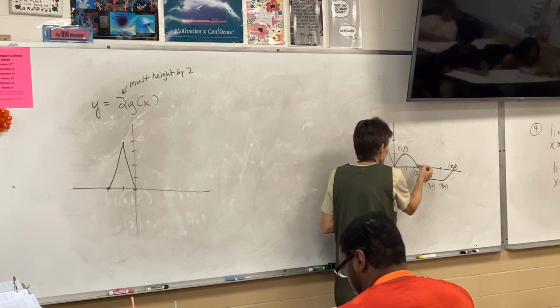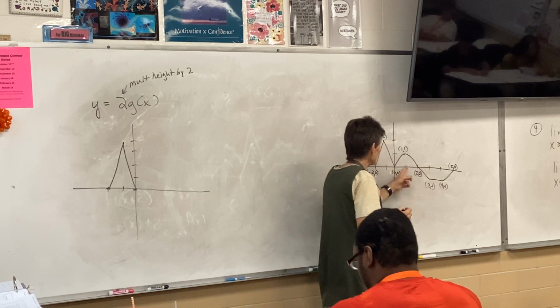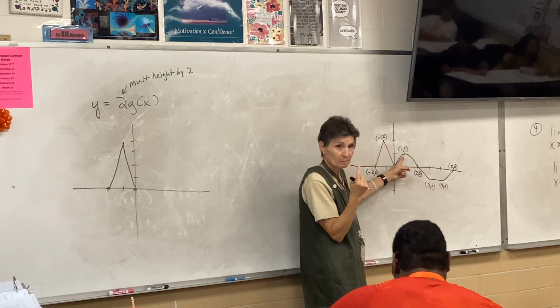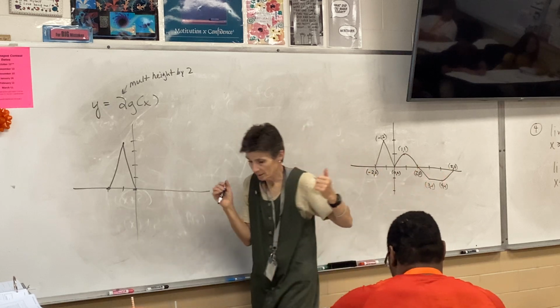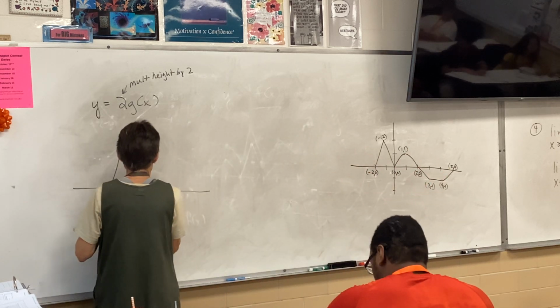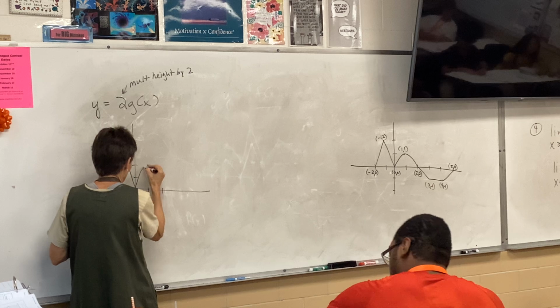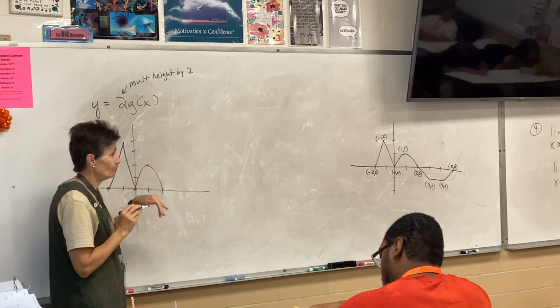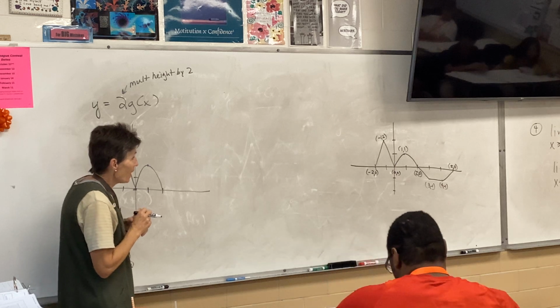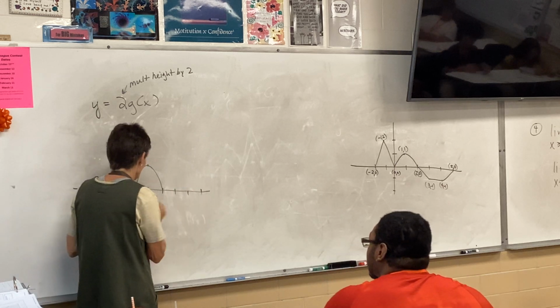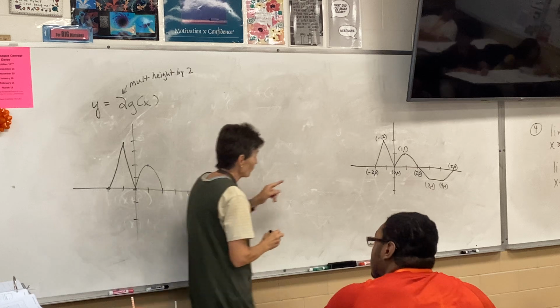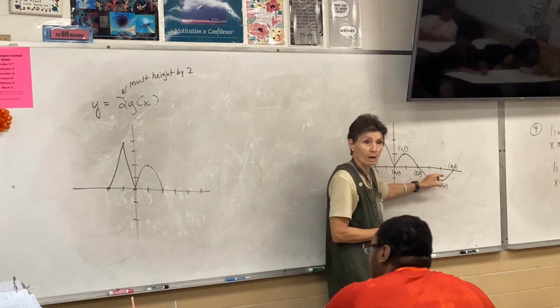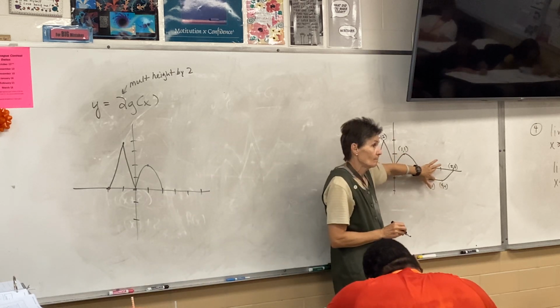So my little semicircle, it was originally up 1. Now it's going to be up 2. So it's more like an oval now. And then my trapezoid originally was down 1, so like this was 1.